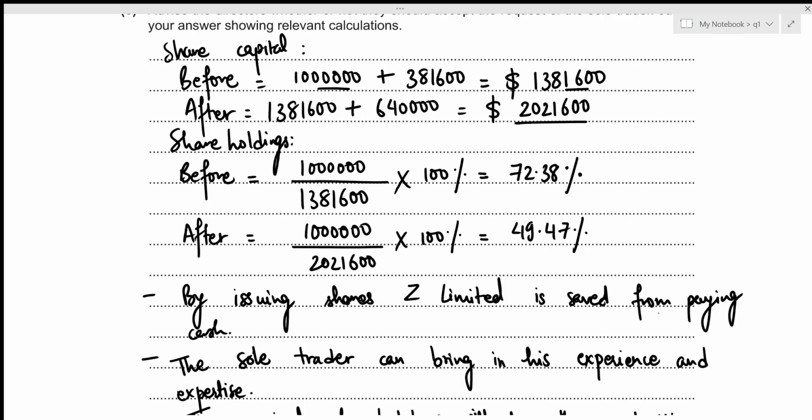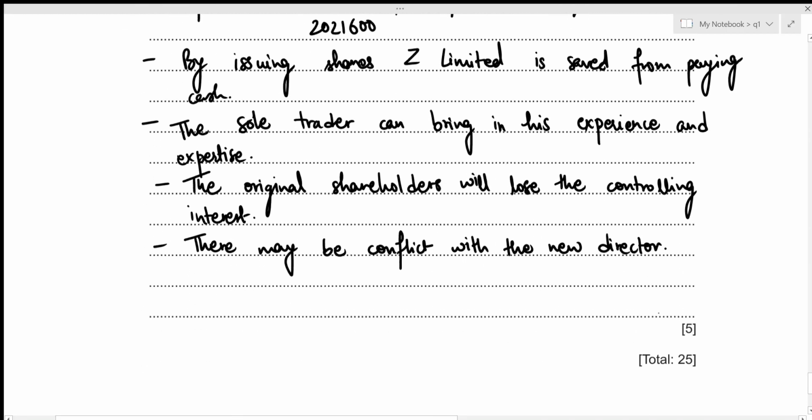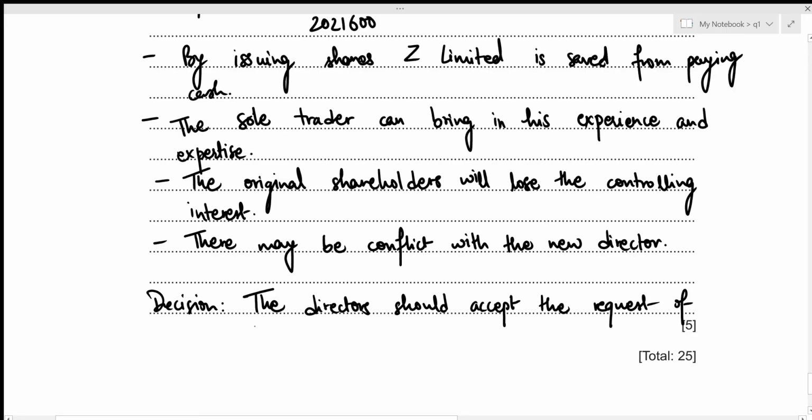So in my opinion, the directors should accept the request of the sole trader. Let's write down the decision clearly. The directors should accept the request of the sole trader.